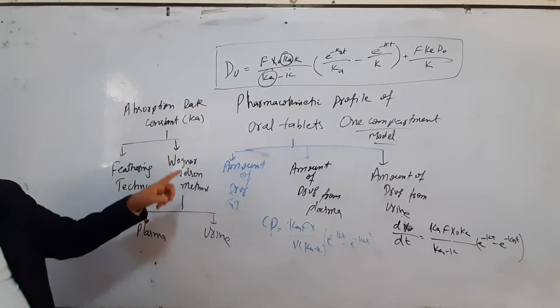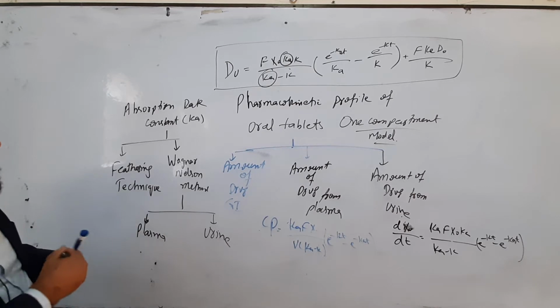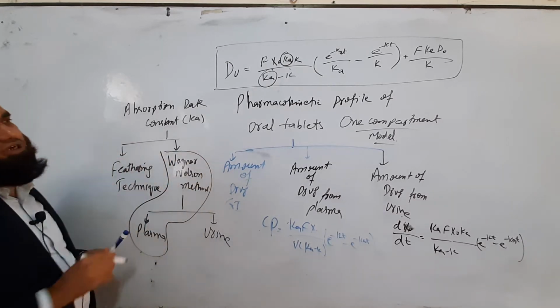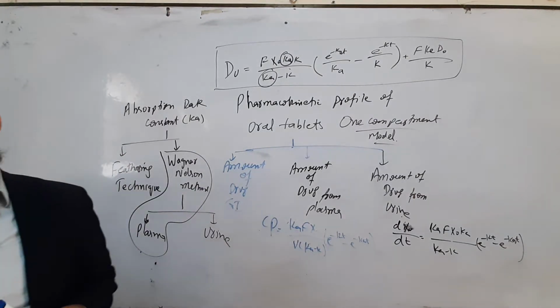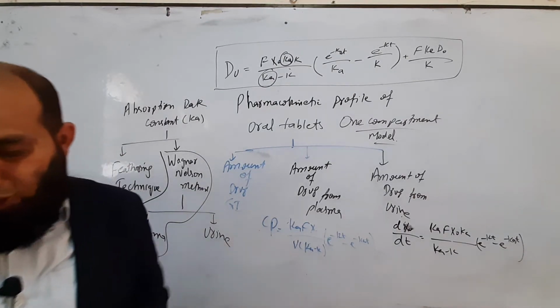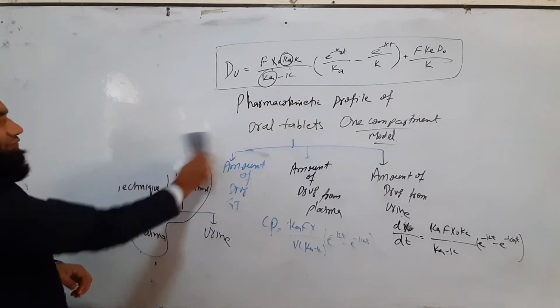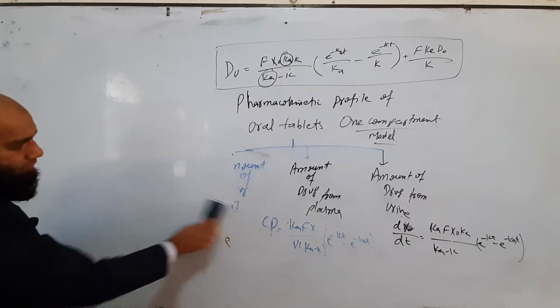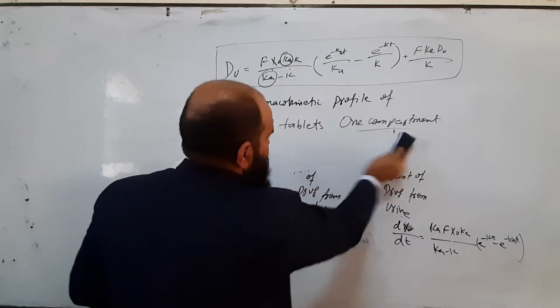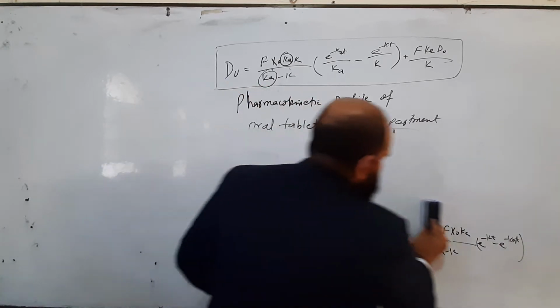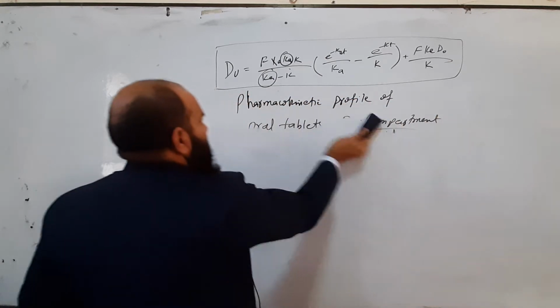We will study today the concept of the Wagner Nelson method for plasma. This is today's topic of our study: application of the Wagner Nelson method for the calculation of the absorption rate constant, using the basic concept of plasma.